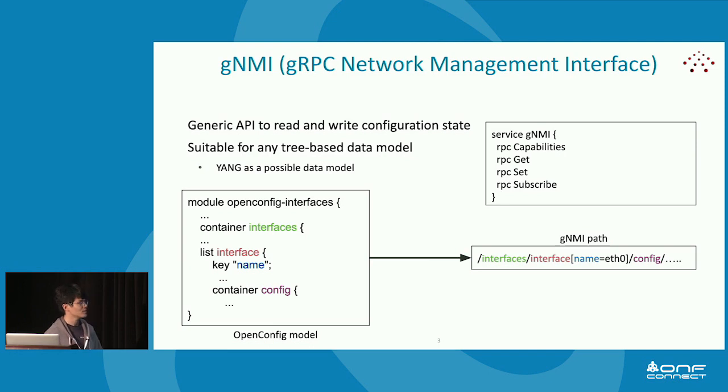Then they convert to a gNMI path, which looks like interfaces, slash interface with name equals 0, slash config, and so on. It's very easy. If you want to get, set, or subscribe to any config leaf, you can just convert the model to this path and use this path in your gNMI request.